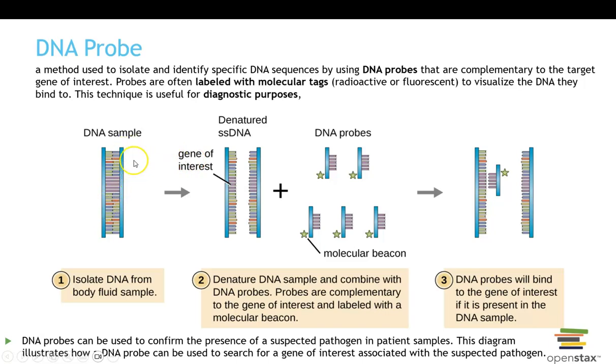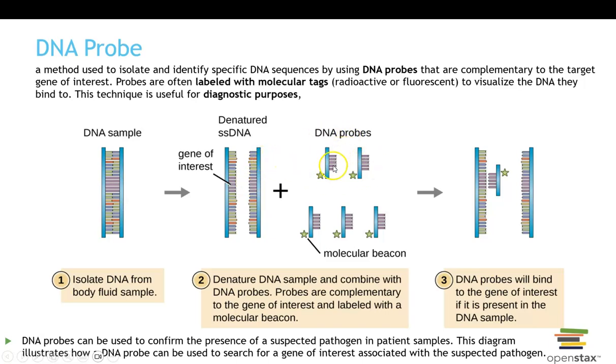So the first thing they do is isolate the DNA, imagine from a blood or urine sample, so from body fluid. Then they denature it to make sure that the hydrogen bonds between the nucleotides break down, and then you have a single strand.